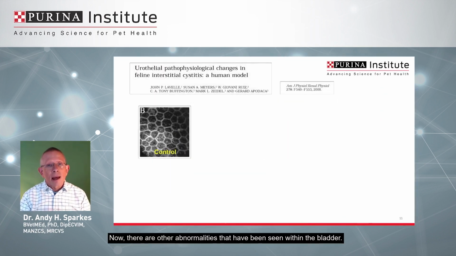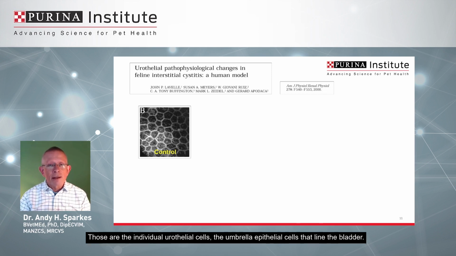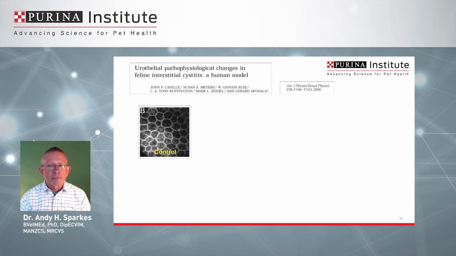Now, there are other abnormalities that have been seen within the bladder. Clearly there is inflammation present, but other abnormalities as well. This is a scanning electron micrograph of the normal lining of a cat bladder. Those are the individual urothelial cells, the umbrella epithelial cells that line the bladder.